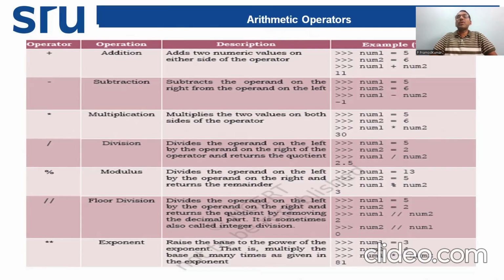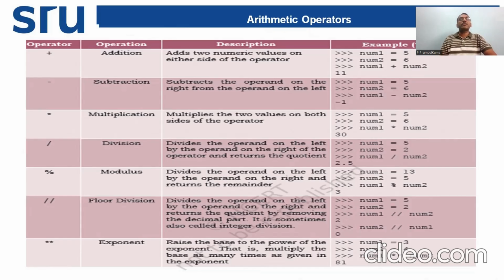Once you put an addition operator in between two operands, it carries out the summation operation. In this example, number 1 is the variable holding the value 5, and number 2 is another variable holding the value 6. When I add number 1 plus number 2, both values are added, hence the result becomes 11. In that way, it performs the addition operation.